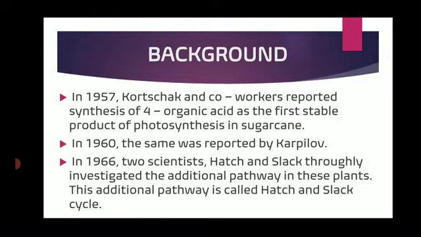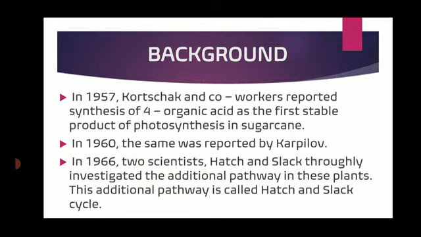So what happened until the mid 60s? It was believed that only the C3 cycle or the Calvin cycle is taking place in plants for the fixation of carbon dioxide. But later, in 1957, Kortschak and co-workers reported the synthesis of a 4 carbon organic acid as the first stable product in sugarcane. The same was reported in the year 1960 by Karpilov.